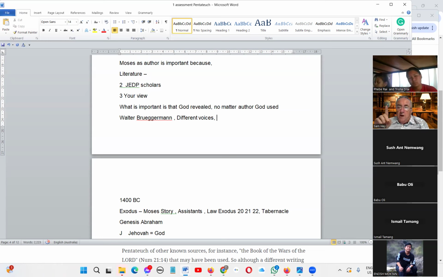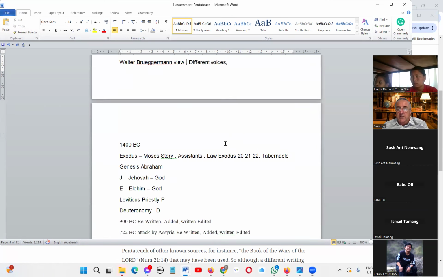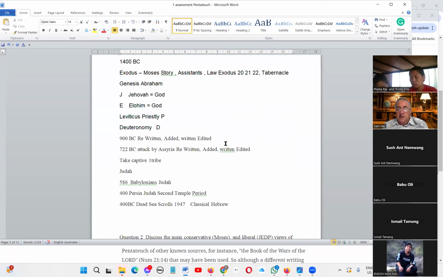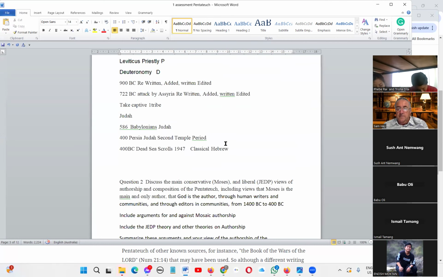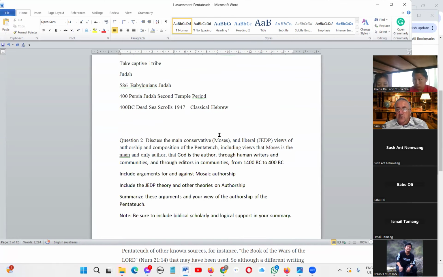So instead of just having one viewpoint, if we have many viewpoints, it encourages us to think more, to be open to God more, to be more humble, and to look to God to guide us and lead us. So that's Walter Brueggemann's view, that there are many different voices, because that is good for our development and growth.